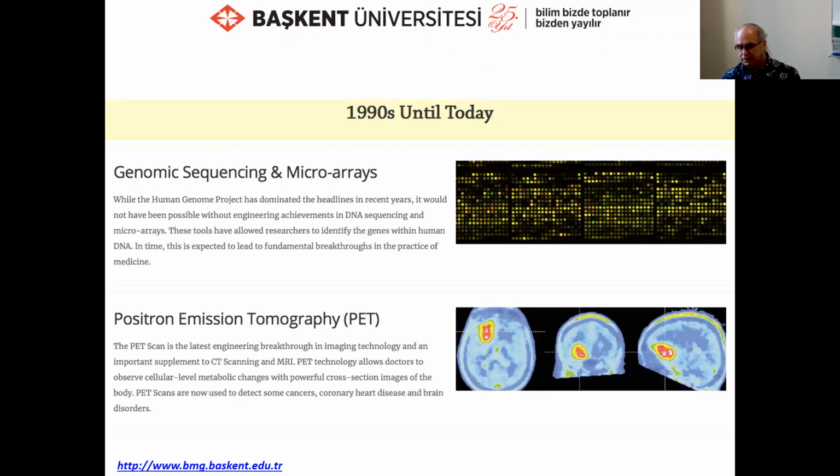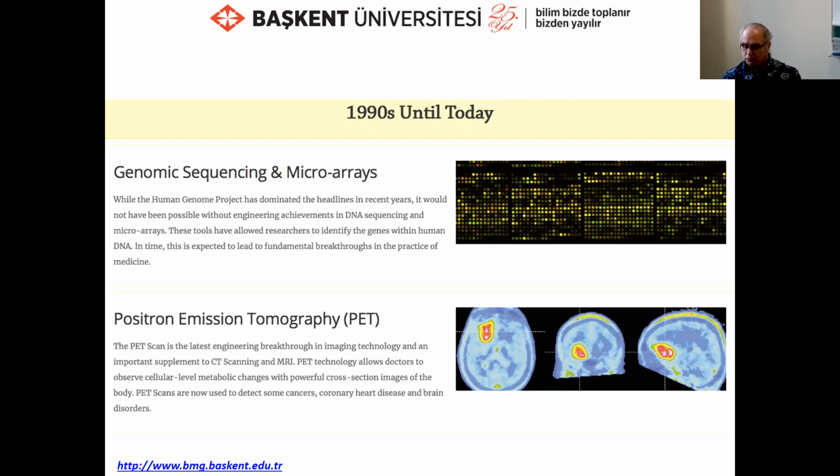When we came to the 90s, genomic sequencing and microarrays were especially important for the Human Genome Project. By the way, people learned many things and used those techniques for genomic sequencing and microarray technologies.